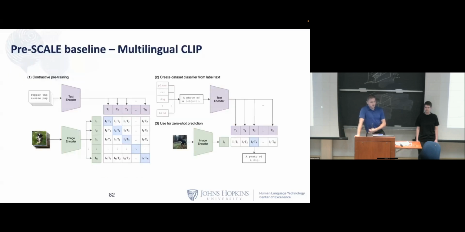Before SCALE, the primary baseline that we had identified was a system called multilingual CLIP. CLIP is an image-text multimodal model coming out of OpenAI. This is an open source version that's also in multiple languages.